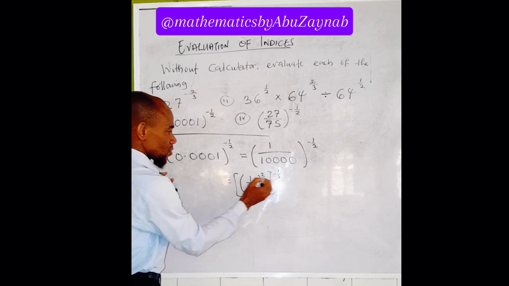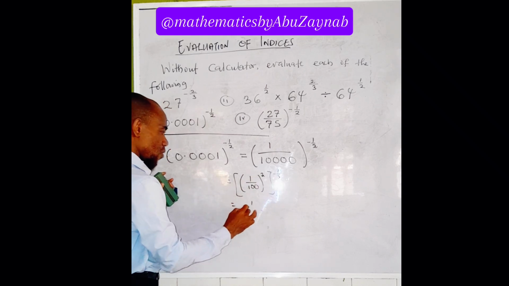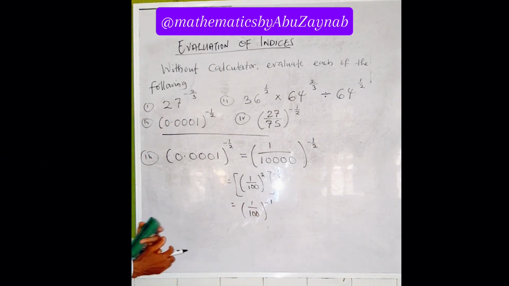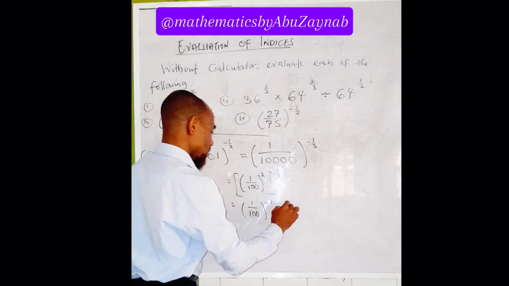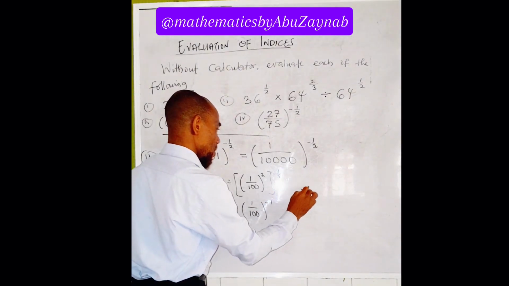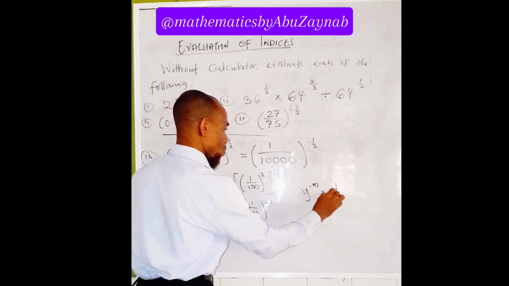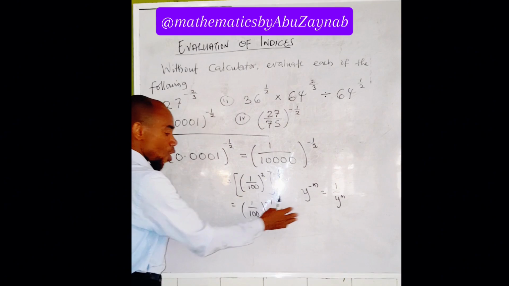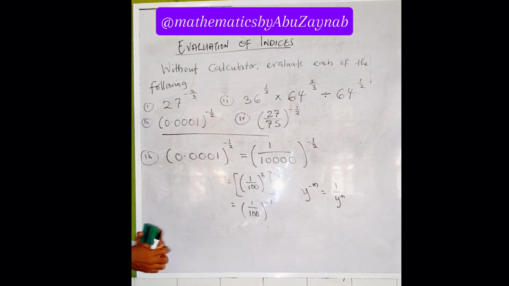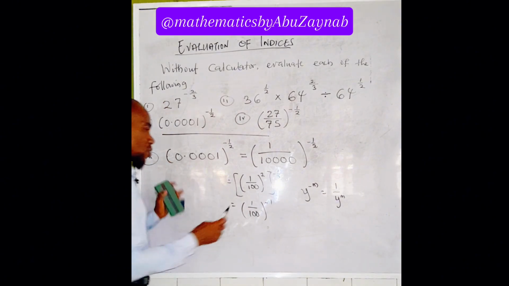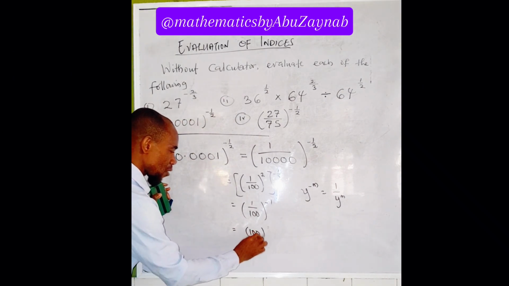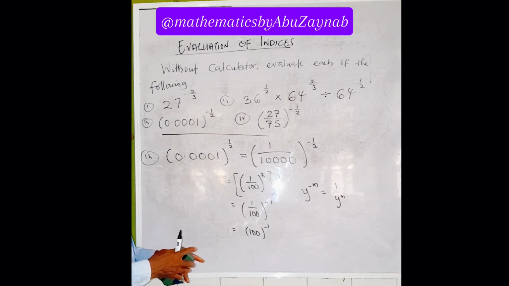The next thing is we cancel that. We have 1 over 100 to the power of minus 1. And again, just as we have in our law, y power minus m equals 1 over y power m, we can choose to use this law, or we can actually use standard form here. So we can say this is actually 100 to the power of minus 1, which is still indices really.